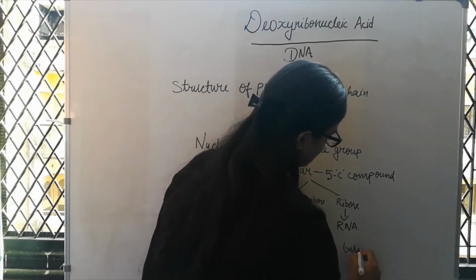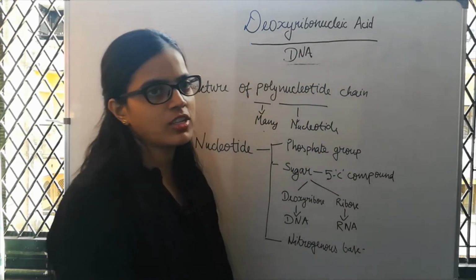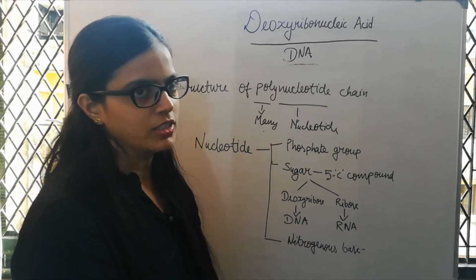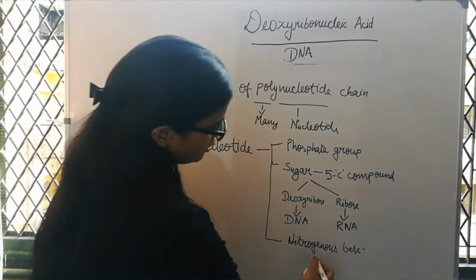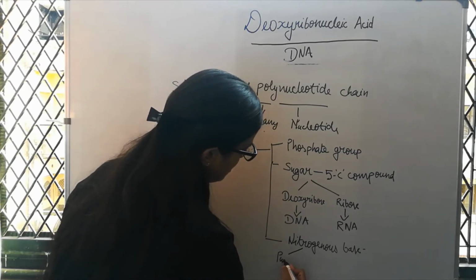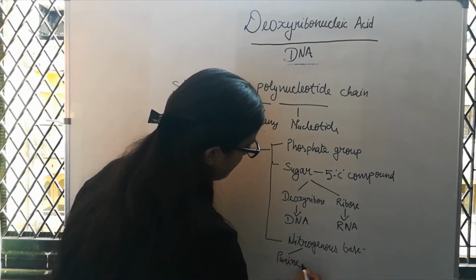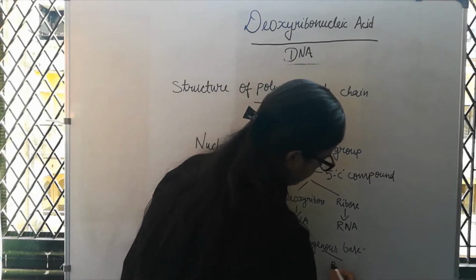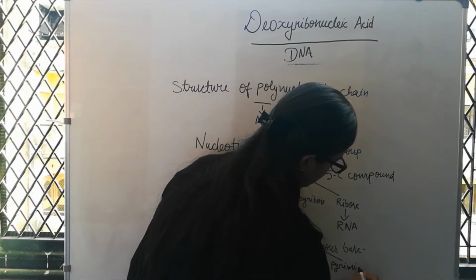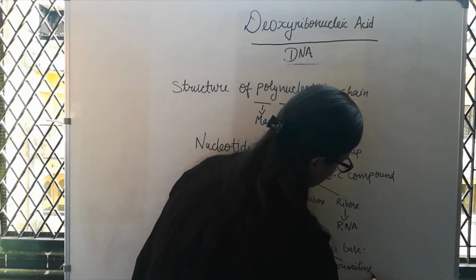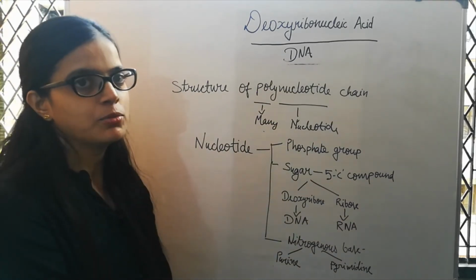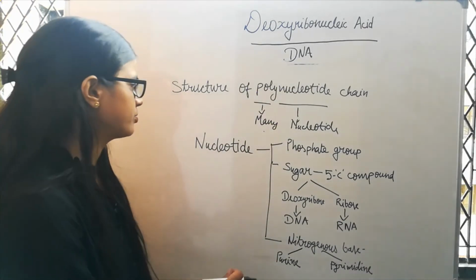Nitrogenous base is a heterocyclic structure which consists of nitrogen, and nitrogenous bases are of two types: purine and pyrimidine.